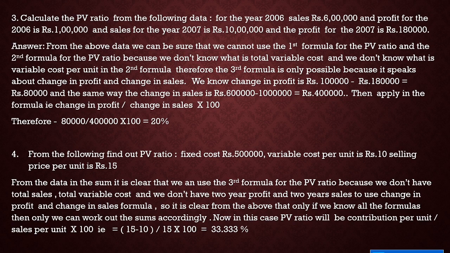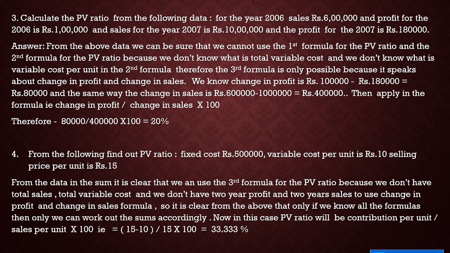The same formula: sales minus variable cost is contribution. So 15 rupees minus 10 rupees gives 5 rupees, which means 5 rupees is the contribution per unit. Now I know the selling price per unit is 15 rupees. So 5 rupees divided by 15 rupees into 100 will give me my PV ratio.